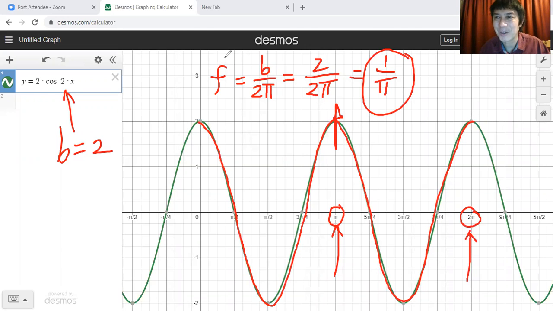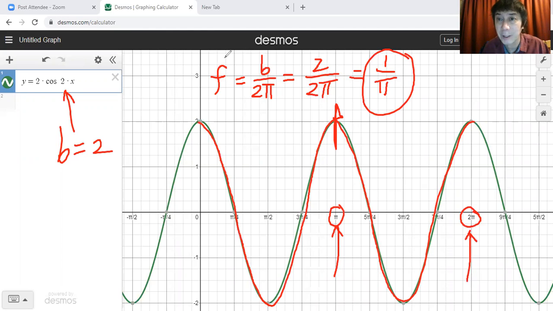So that's it. I hope you were able to compare this to the sine function, and that you'll be able to use this in your assignments and quizzes. Just the same, if you increase this b, you will have a higher frequency.